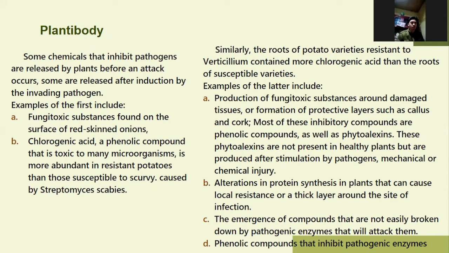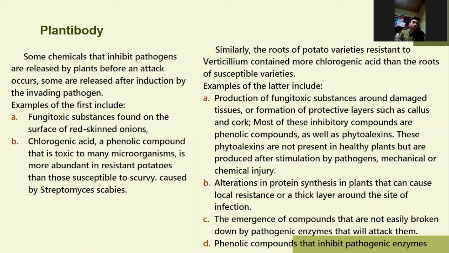production of toxic substances around damaged tissues or formation of protective layers such as callus and cork. Most of these inhibitory compounds are phenolic compounds, as well as phytoalexins.